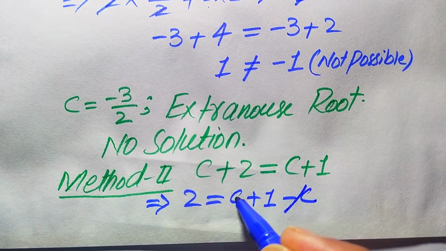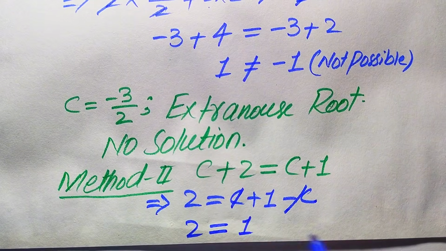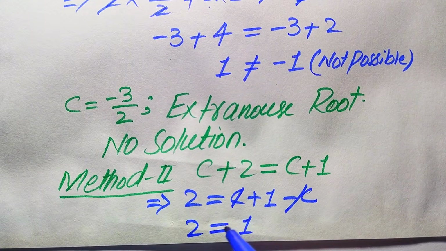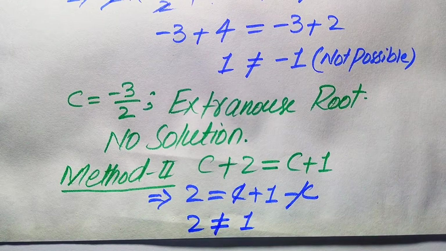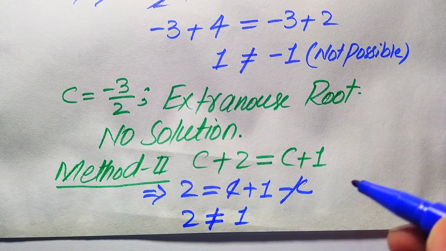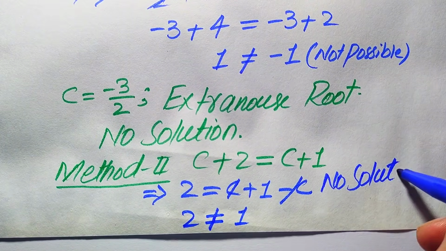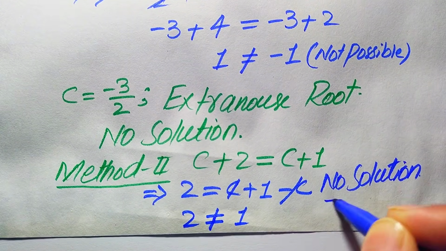The minus c and the plus c cancel out each other, and we get 2 equals 1. You see that 2 is not equal to 1, and we cannot get any value of c which satisfies our given question statement. So we finally conclude that this question has no solution. This is our final answer.